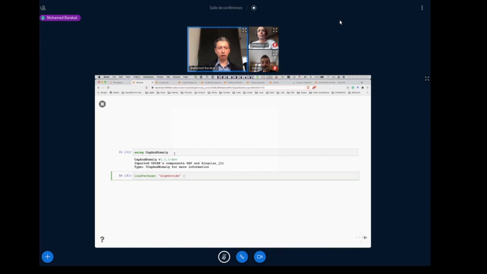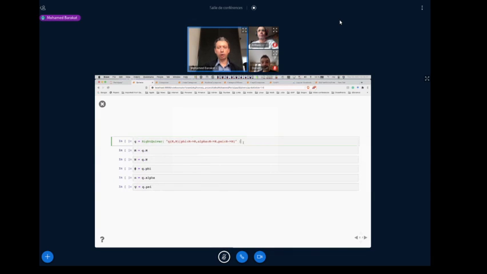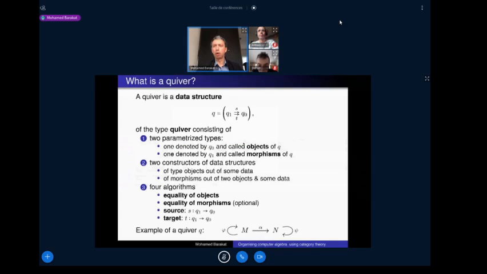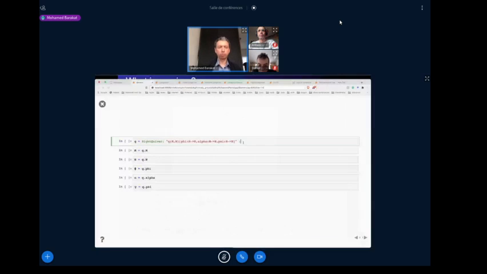So now I'll go and define the quiver. You see I have to tell it that you are a quiver with two objects m and n. Phi goes from m to n, alpha goes from m to n, and psi goes from n to n. So you see this is exactly what I have here at the bottom.